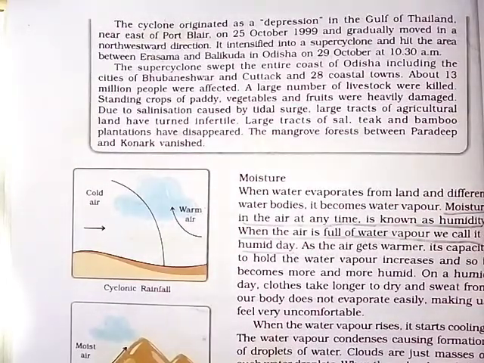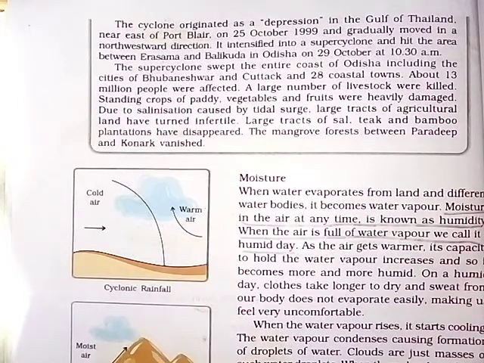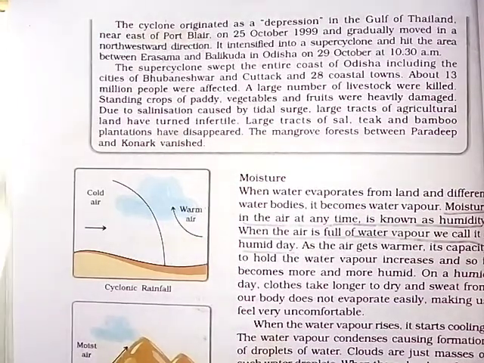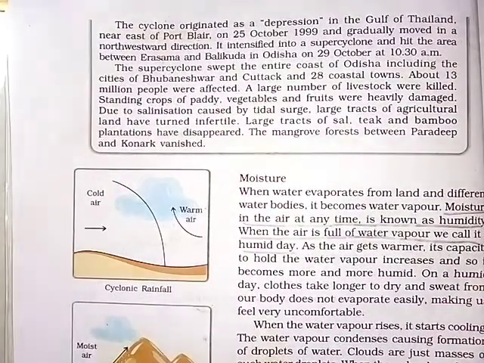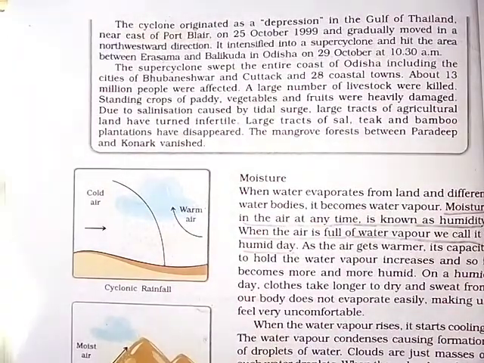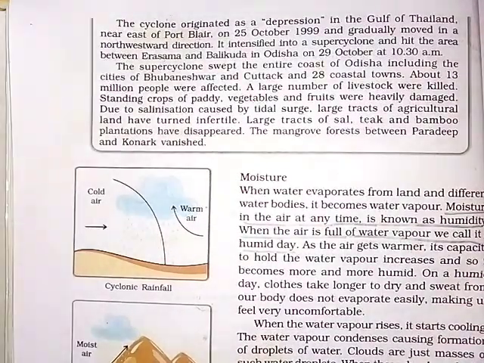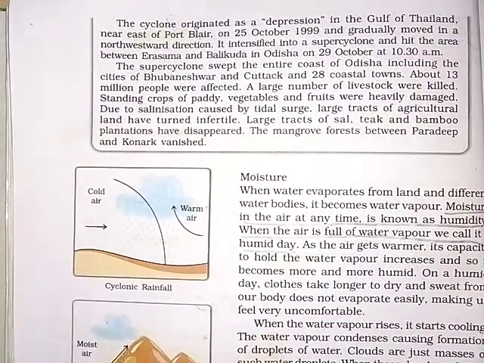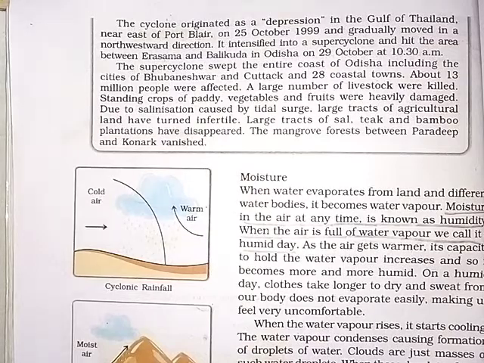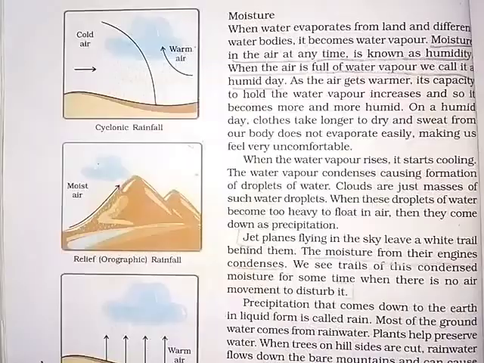Due to salinization caused by tidal surge, large tracts of agricultural land have turned infertile. Large tracts of sal, teak and bamboo plantations have disappeared. The mangrove forests between Paradeep and Konark vanished.